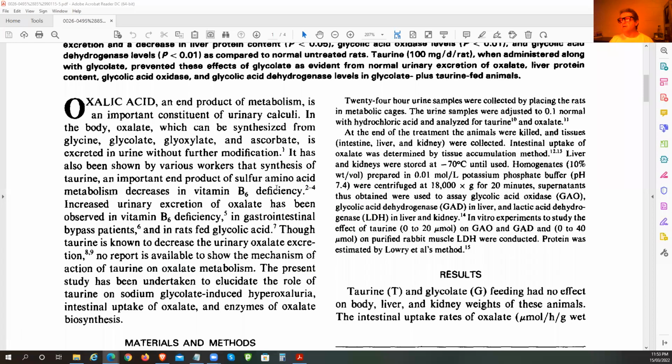So obviously on a plant-based diet, it's much more difficult to get sufficient. And there are a lot of people on a plant-based diet that do have B6 deficiencies.